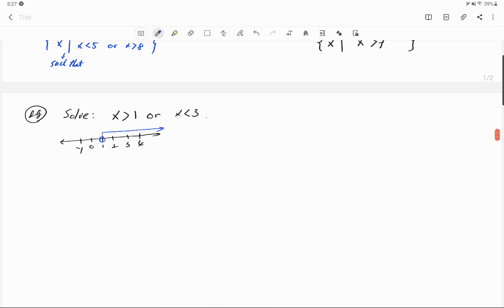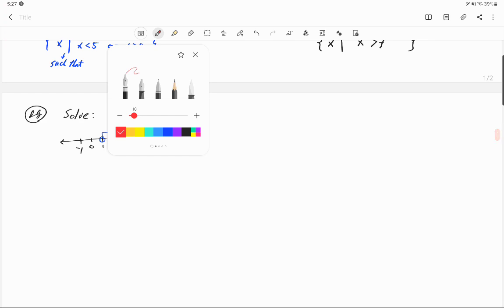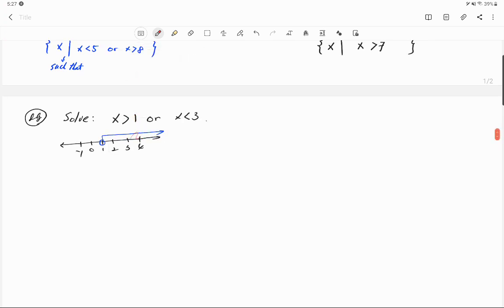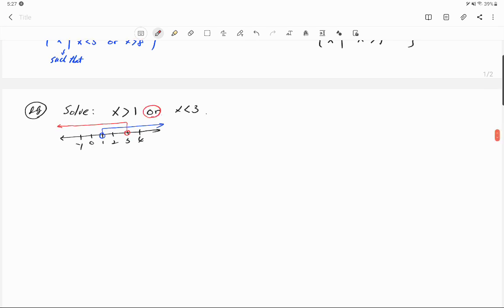And then x is less than 3, so here's 3, and go all the way to the left. So or means what? Or means put together.